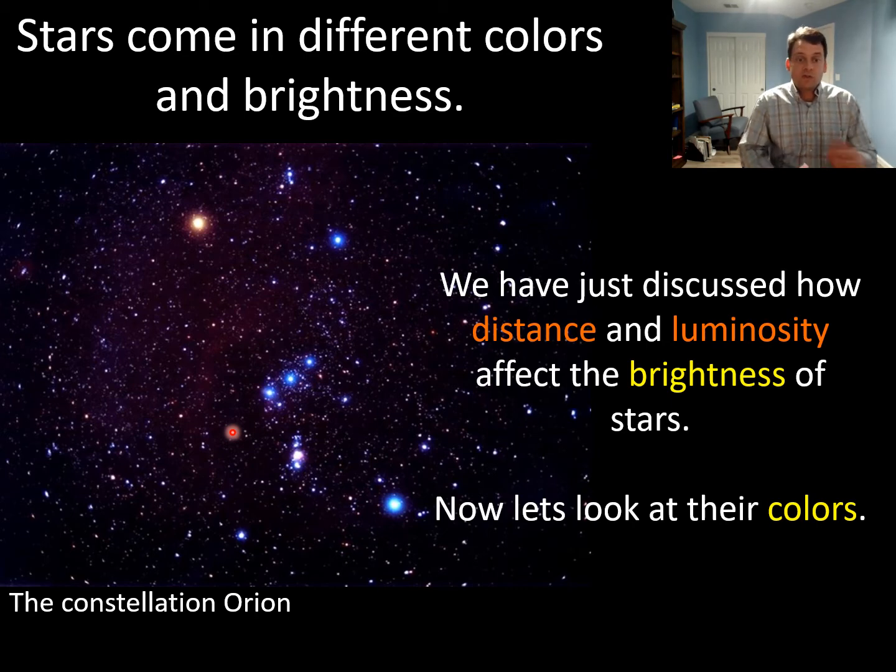And so one star may look much brighter than another, but when all we have to go on is what we see, that brightness, we're left not knowing: is that star bright because it's very luminous, because it's a huge star putting out huge amounts of energy, or is it bright just because it happens to be very close to us? And unfortunately, when we look up at the sky, all we see are dots of light, right? And so without something else to work on, we don't know how far those stars are.